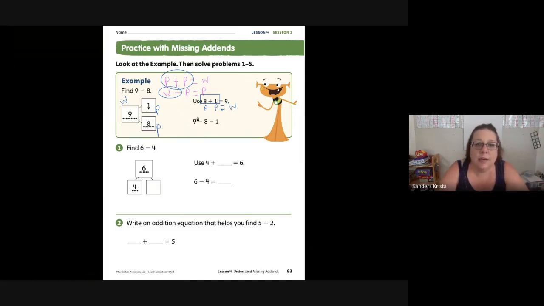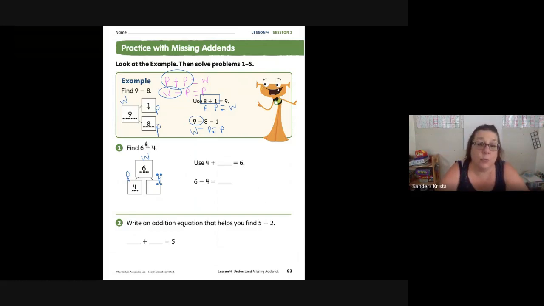And here is a minus sign, so it goes whole minus a part equals the part. Whole, part, part.